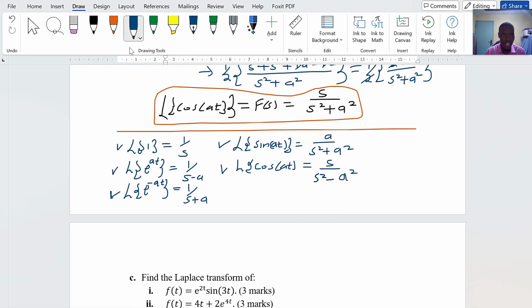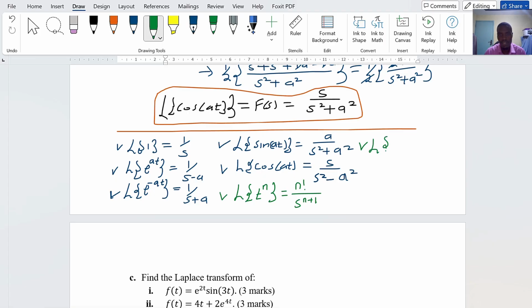Now we are adding one which we didn't derive. The Laplace transform of t to the power n is n factorial divided by s to the power n plus 1. And another one we didn't derive, which is the first shifting theorem.